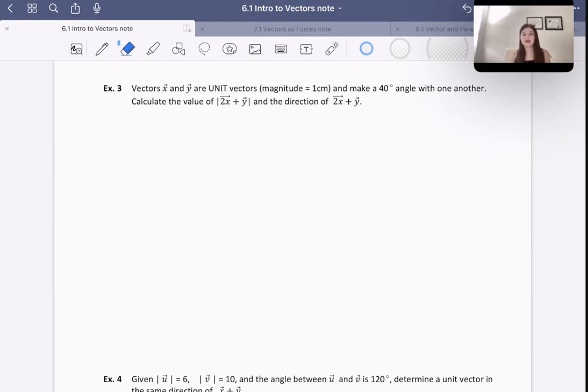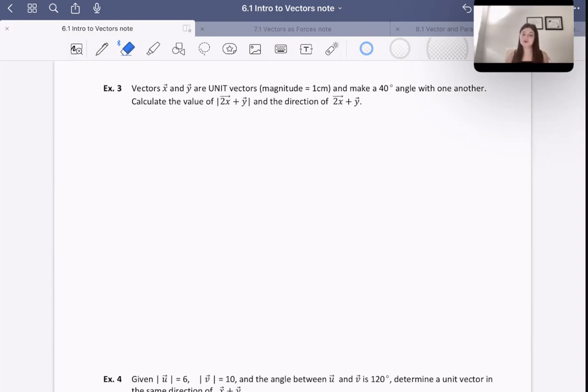So basically whatever vector we have, we can always figure out what the equivalent unit vector would be. So x and y being unit vectors means our magnitude is 1, and they make a 40-degree angle with one another. Calculate the value of 2x plus y and the direction of 2x plus y.